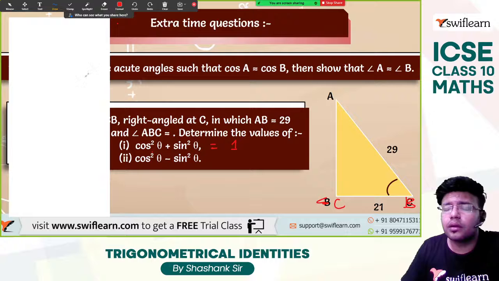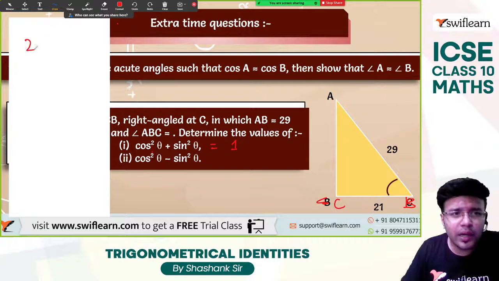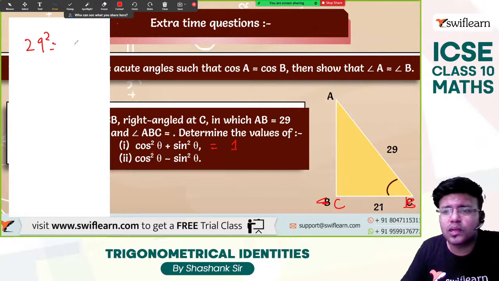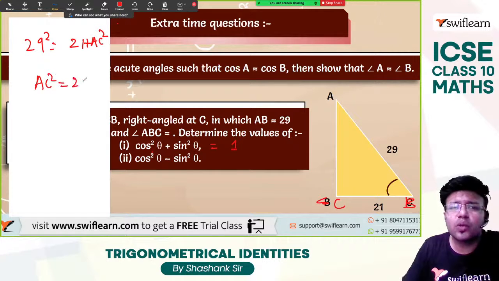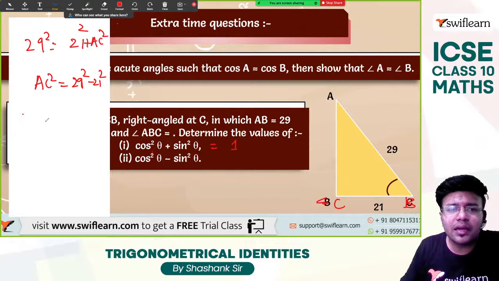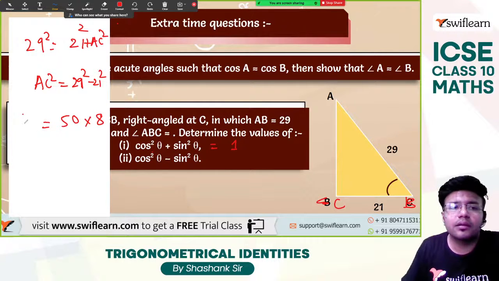So the hypotenuse square, 29 square, is equal to the sum of the other two sides, 21 square plus AC square. AC square is equal to 29 square minus 21 square. So A square minus B square, A plus B, which is 50, into A minus B, which is 8.